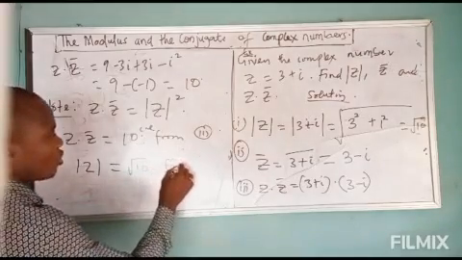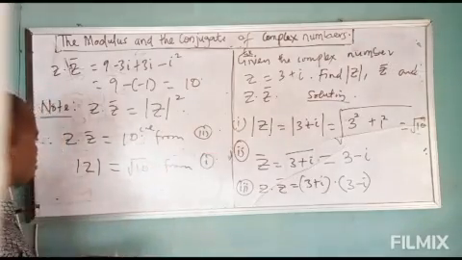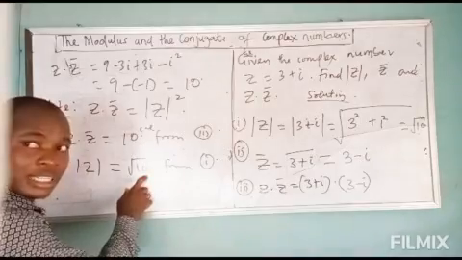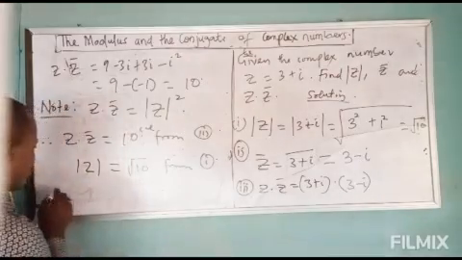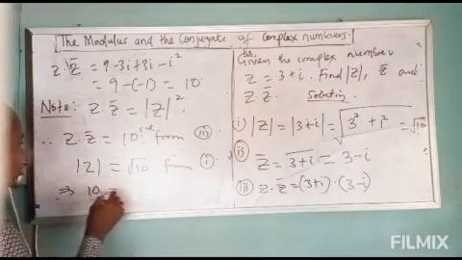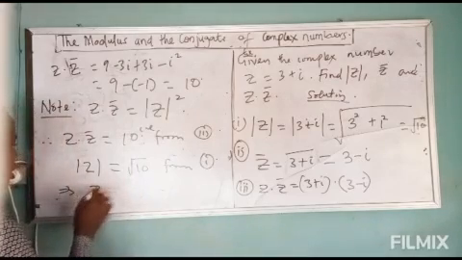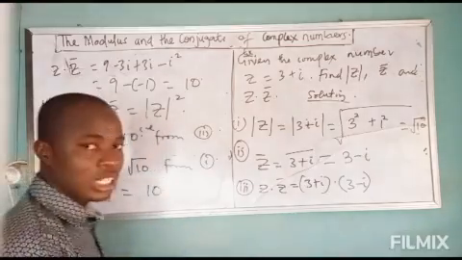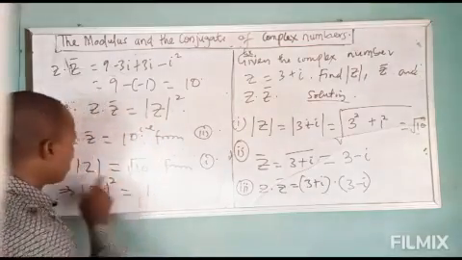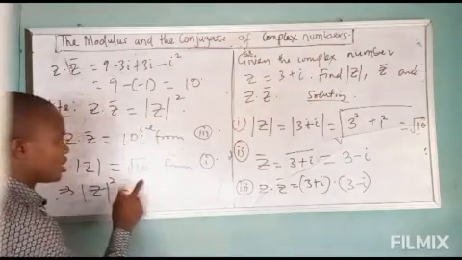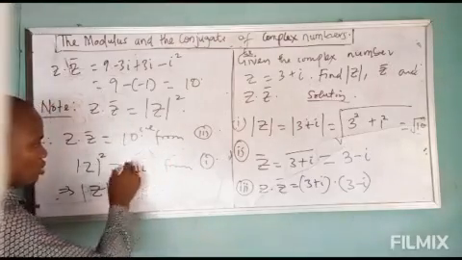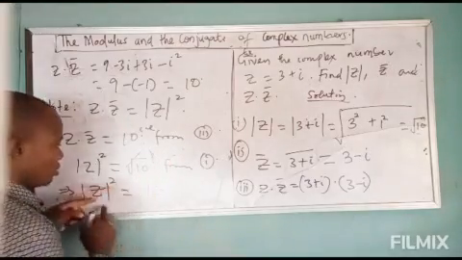If you want to make 10 stand alone, we square both sides, so the square cancels the root, and that is why we have 10.